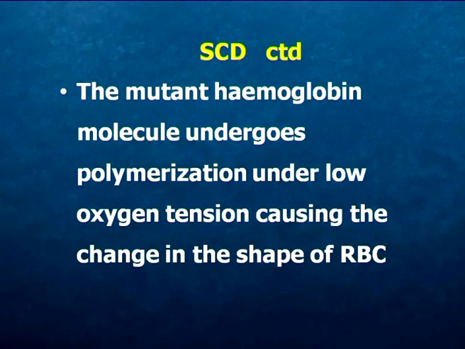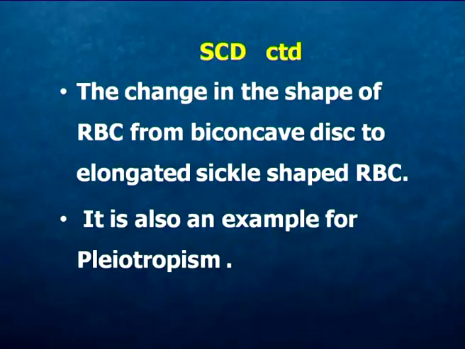So, the mutant hemoglobin molecule undergoes polymerization under low oxygen tension. It causes the change in the shape of RBC from the biconcave disc to elongated sickle-shaped RBC.